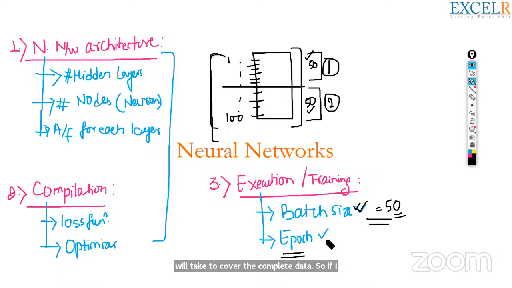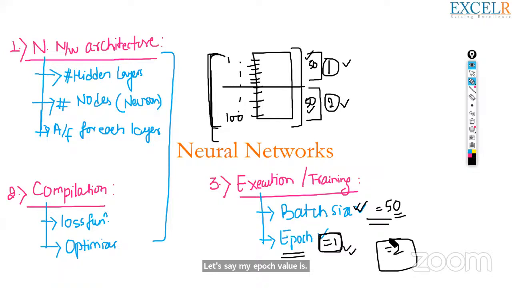Let me redefine what I told you. Let's say epoch equals 1. That means it will cover all the 100 records only once, and to do that it will take 2 iterations. Let's say my epoch value is 2. That means this training or execution of the neural network will cover these 100 records 2 times.